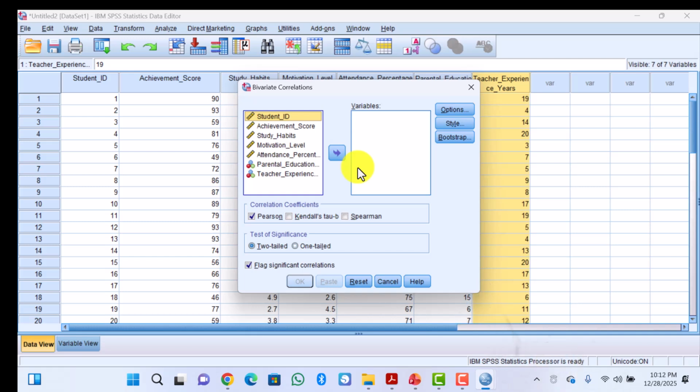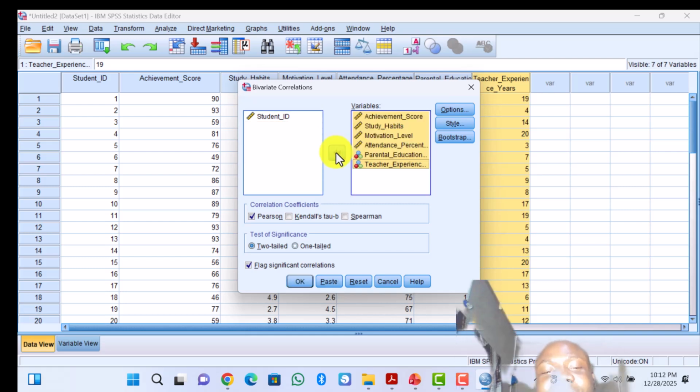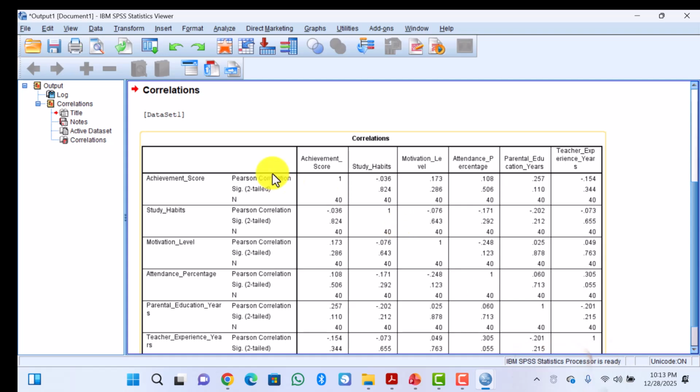The dependent variable in multiple regression can also be called the criterion variable. So we will put all of them in this interaction to see, and we have already checked Pearson.